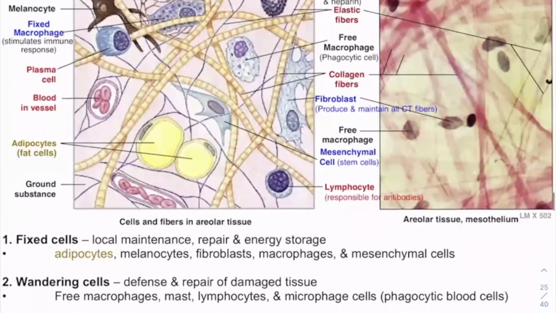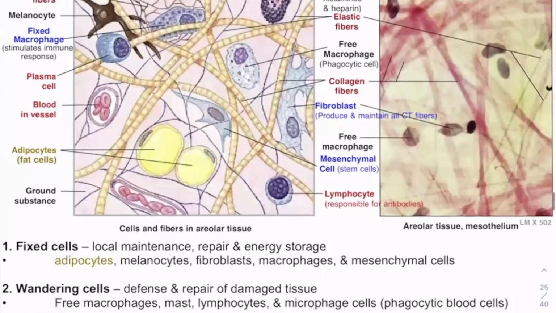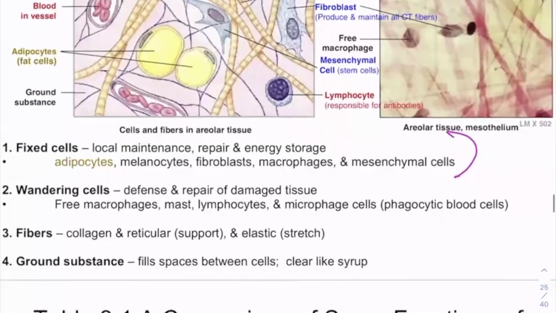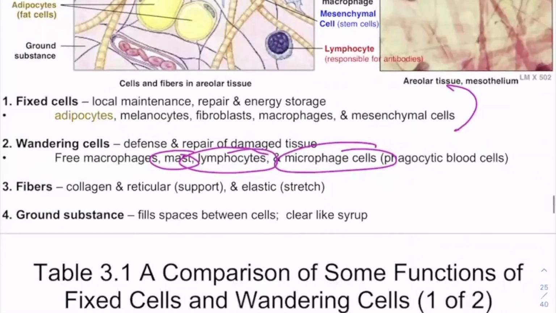And again, connective tissue has these properties. Fixed cells, giving you an example of different types of fixed cells. Wandering cells, these are cells that are roaming around, generally for immune defense. These are all immune defender cells. There are also fibers. You have collagen fibers, the thick rope-like ones, these right here.